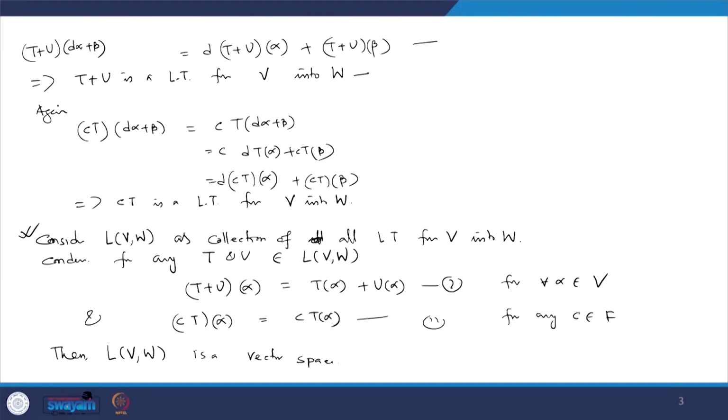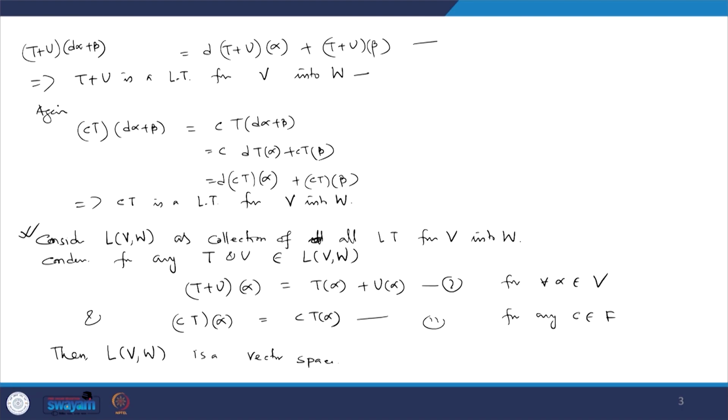Next will be the additive inverse. For any linear transformation T from V to W, one can again define minus T from V to W, so that T plus minus T will be the 0 transformation. So, that is also there. And the commutative property holds good because here T(alpha) and U(alpha) are elements of the vector space W, which also satisfies the commutative property.